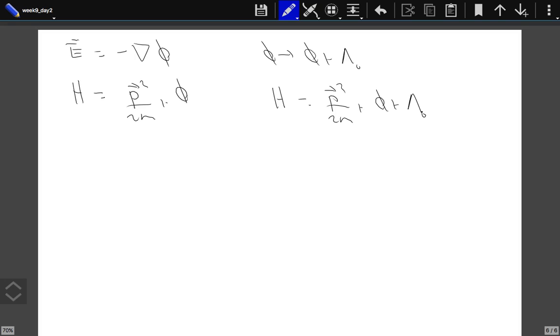Now the question is, I have two different Hamiltonians. I have to solve two different differential equations, but they should still correspond to the same thing. And furthermore, since the physics shouldn't change if I just use phi or phi plus lambda 0, any expectation values, let's say the expectation value of position, the expectation value of momentum, etc., should be the same.